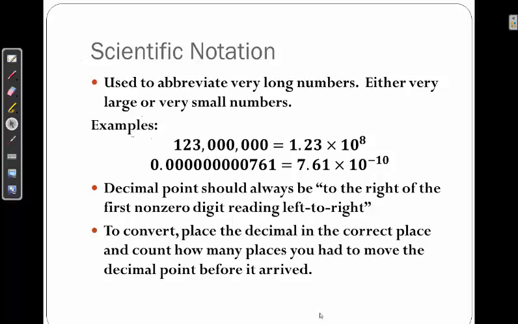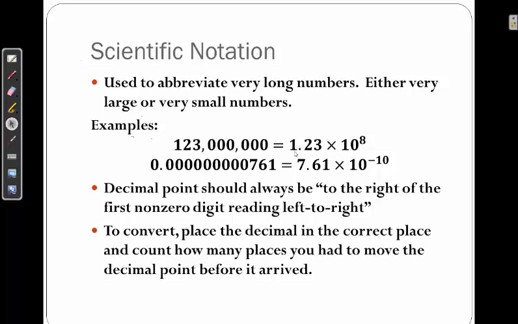So scientific notation is used to abbreviate very long numbers, whether they are very large or very small. So here's an example. I abbreviated 123 million, 6 zeros, as 1.23 times 10 to the 8th.